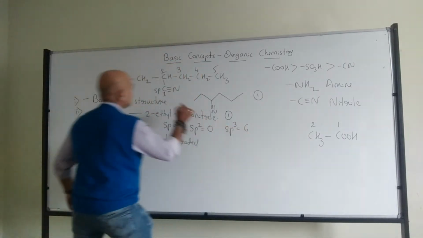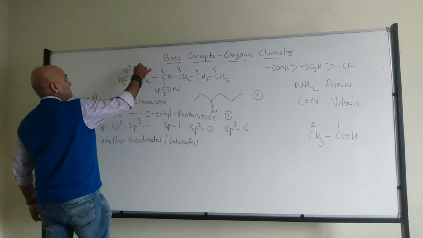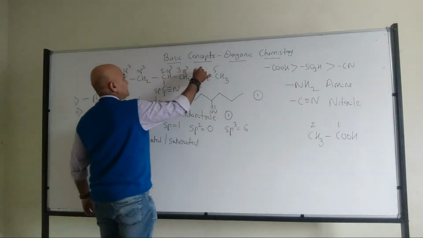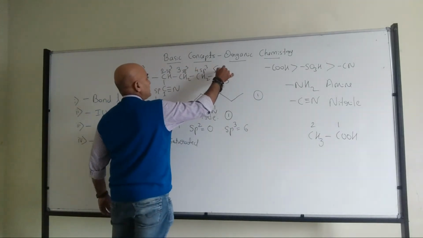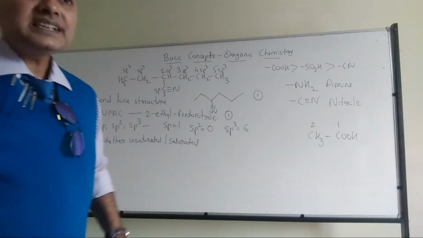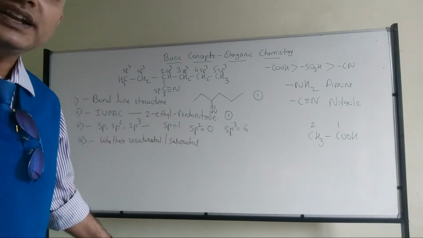So this is sp3, this is sp3, even this will be sp3, this will be sp3, this will be sp3, and this will be sp3. So a total of 6 sp3 hybridized carbons. Now the next question is important.